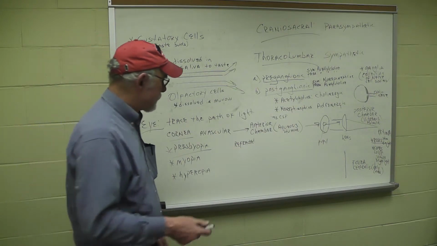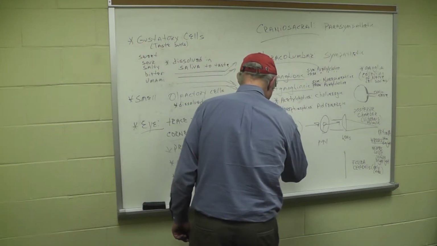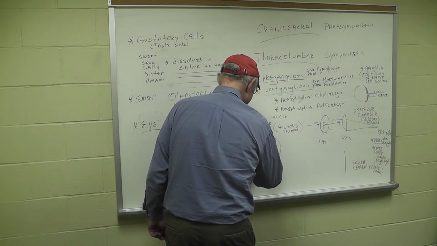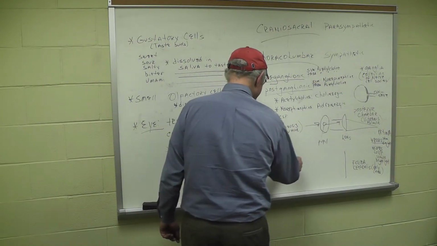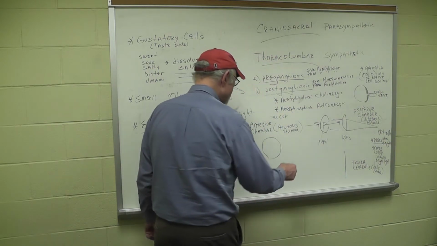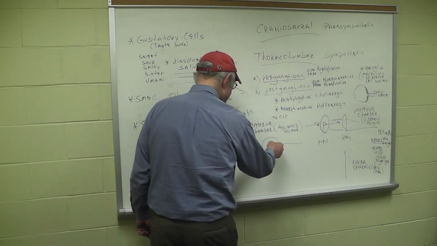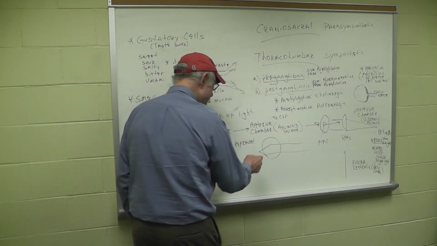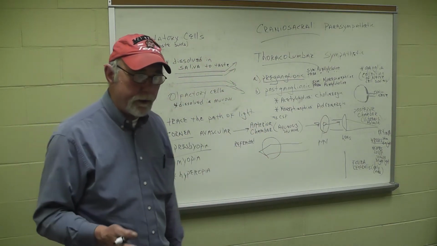Okay, in other words, some eyeballs, here's the front part of the eye, and then some eyeballs, they're just a little bit shorter than the others. So what happens is the light comes through, it gets bent by the lens, and it gets focused behind the retina instead of on the retina.